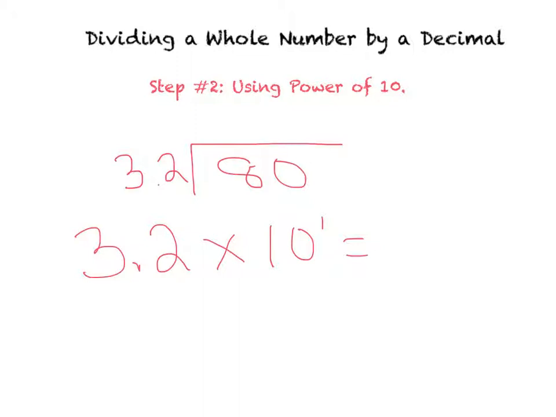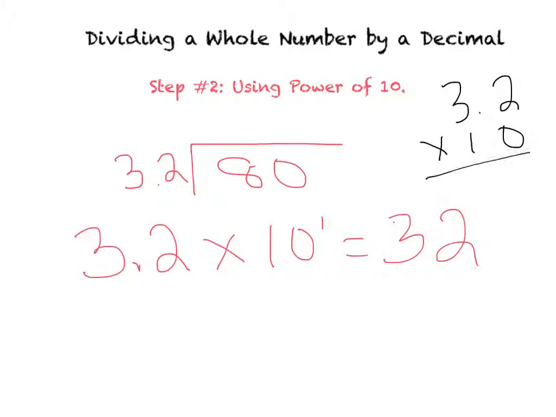So if I take 3 and 2/10 and multiply it by 10 to the first power, that's going to give me an answer of 32. To figure that out, all you have to do is write the equation: multiply 3 and 2/10 times 10, and then solve. And you'll see that you'll get the answer of 10.